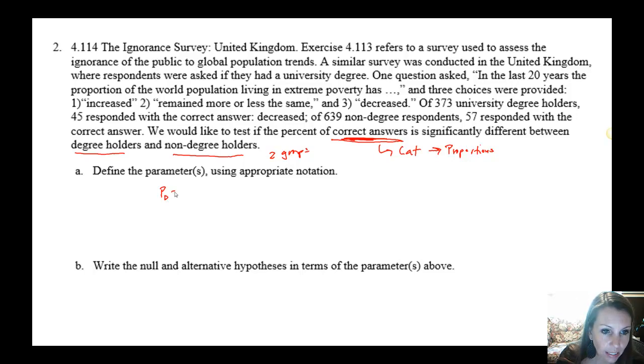So PD, and remember when we're talking about proportions, the very first word that should follow your equal sign here is proportion. So PD would be the proportion of degree holders who answered correctly.